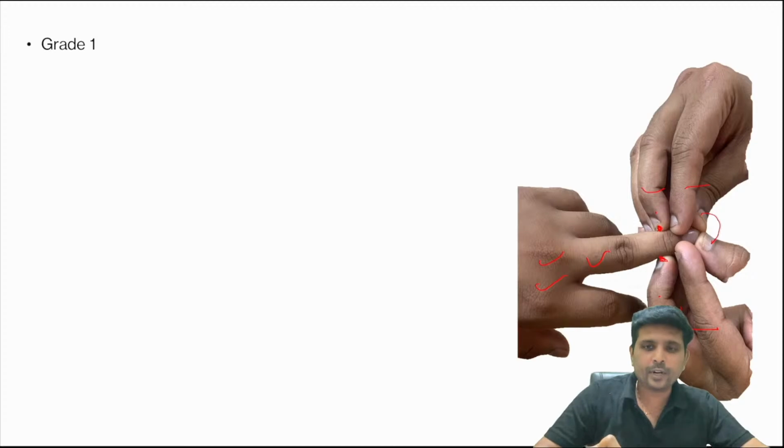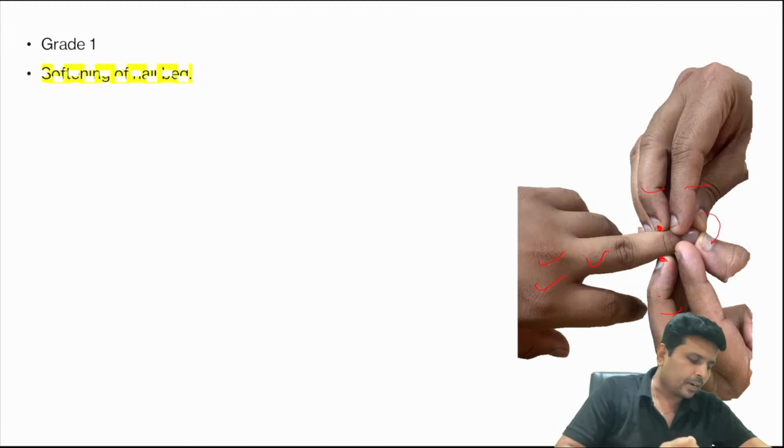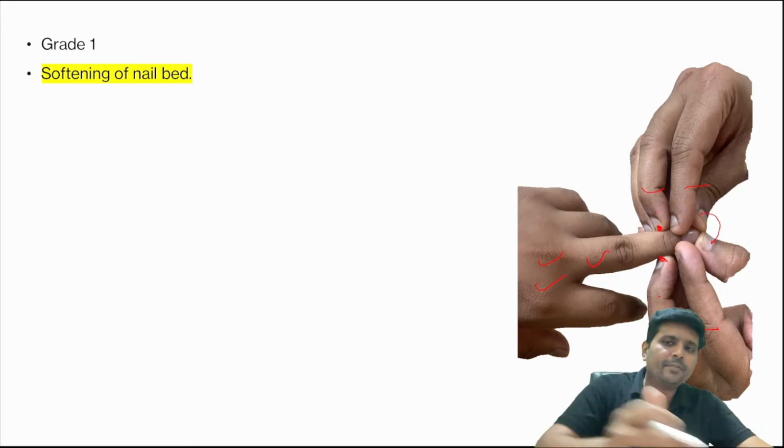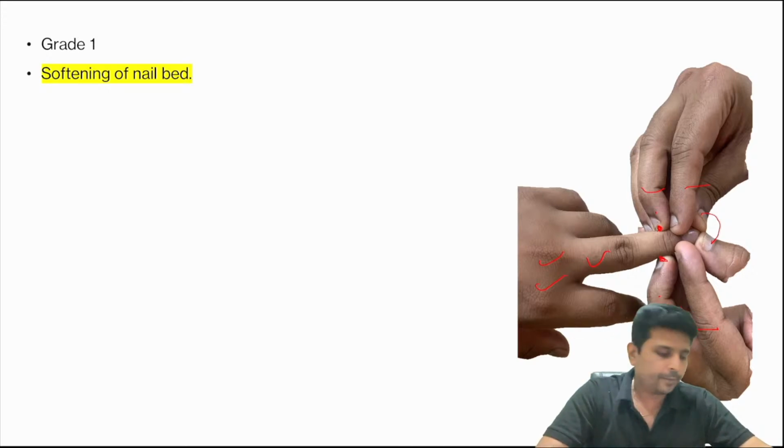This is grade 1 clubbing. So what is grade 1 clubbing? Grade 1 clubbing is softening of the nail bed, which can be elicited the way it is shown here.